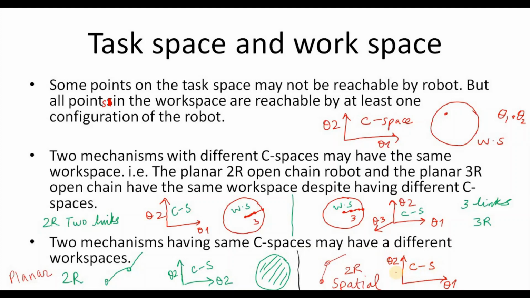This is the Cspace. Look, it's similar to your two-dimensional planar robot. But the difference is that this time its workspace will be a 3D sphere instead of a 2D circle. So how can we plot a sphere like this? This will be its workspace, with θ1 and θ2, like a ball.